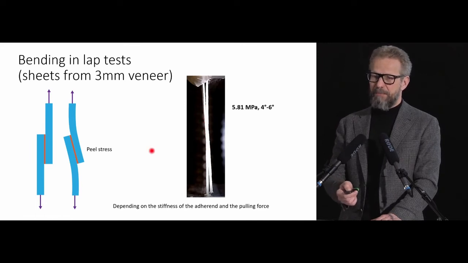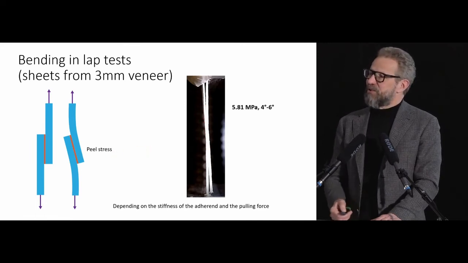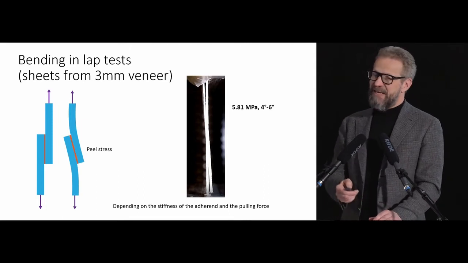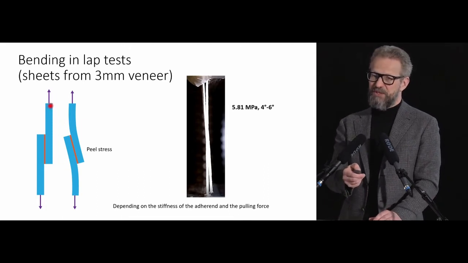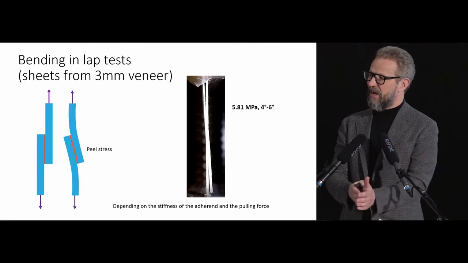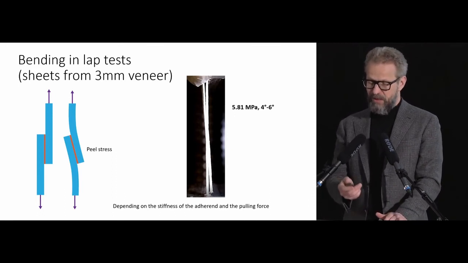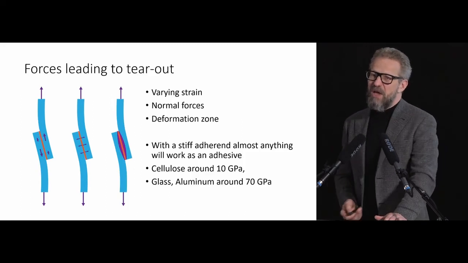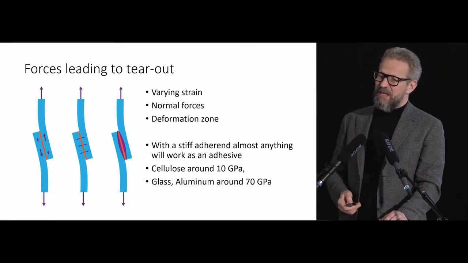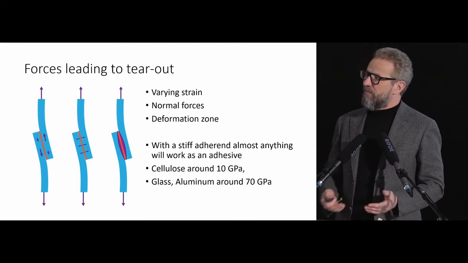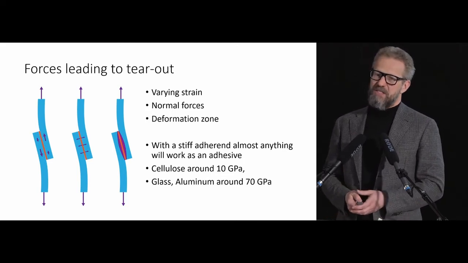Here, a bit exaggerated, you see that there's a bending, because when we put them in the system like this and it pulls, this part tries to align with that part, but it can't because they're overlapping, so it has to bend. We can see quite clearly that these samples bend. And this is one thing that leads to a lot of variation in this type of test.